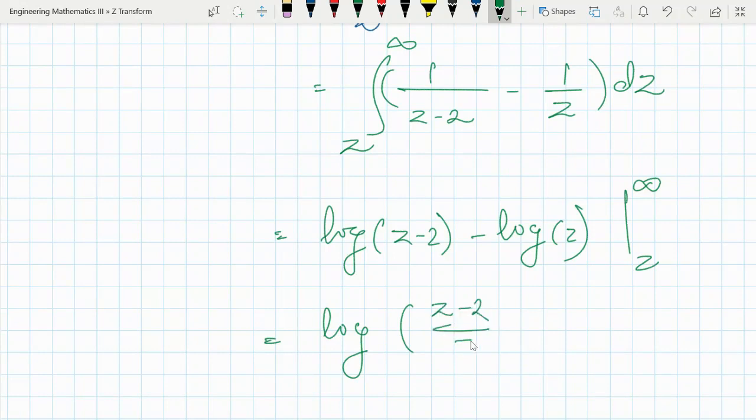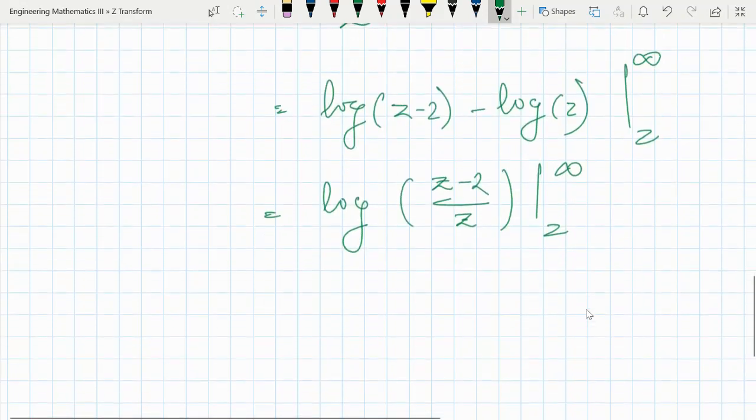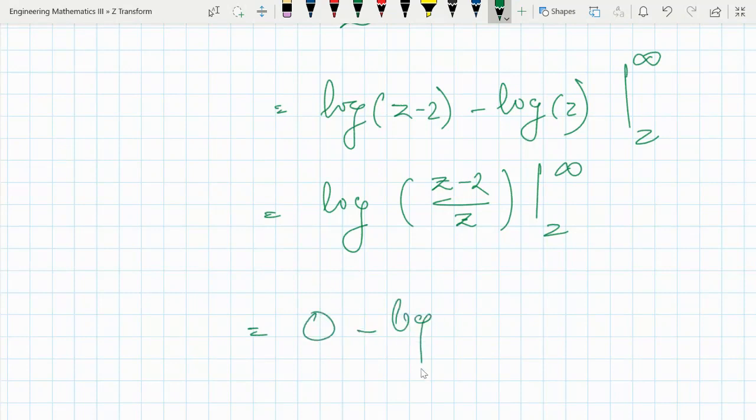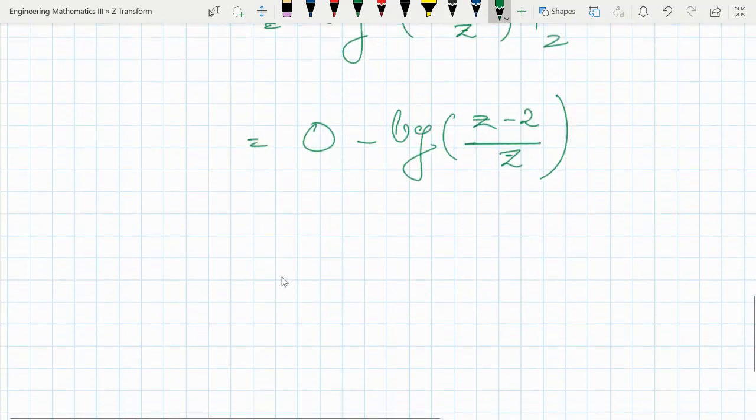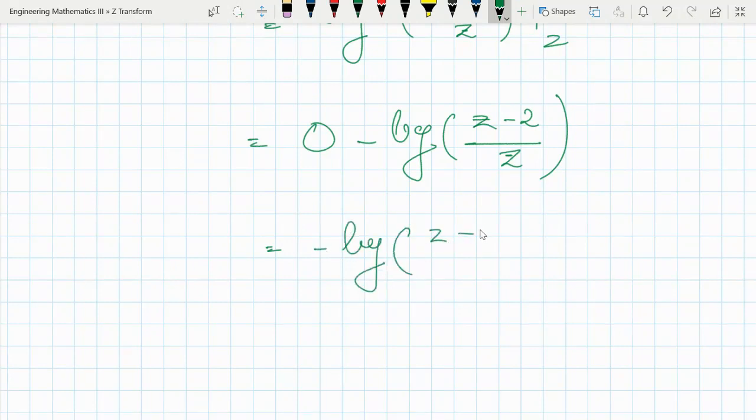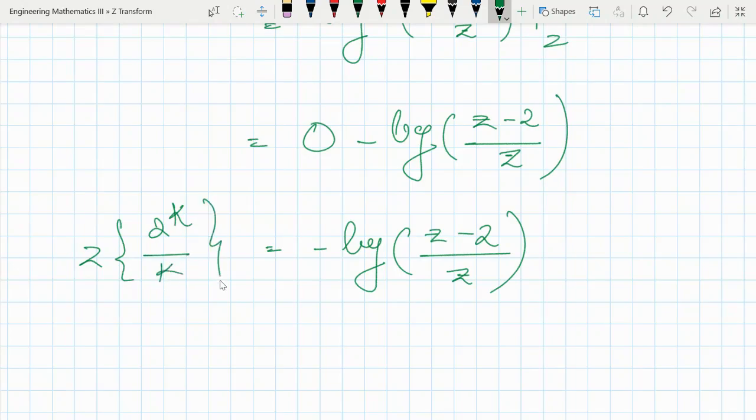So log of (z minus 2) divided by z from z to infinity, and if we apply the limit, what do I get? For the upper limit, log of 1 is 0, and for the lower limit it is log of (z minus 2) divided by z. Okay, and my final answer to this question is minus log of (z minus 2) upon z. So this is the z transform of 2 raised to k divided by k.